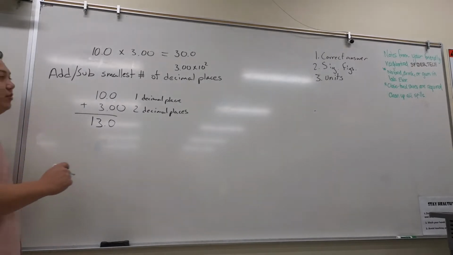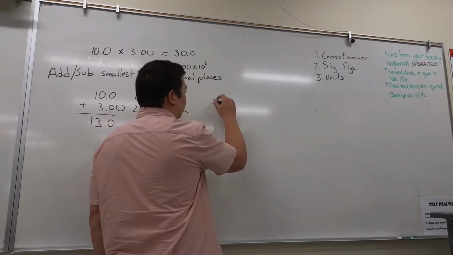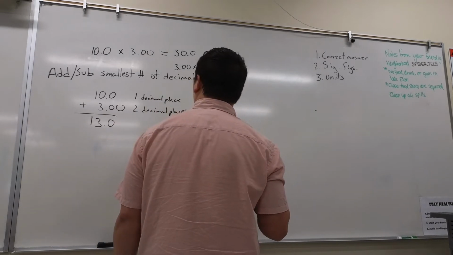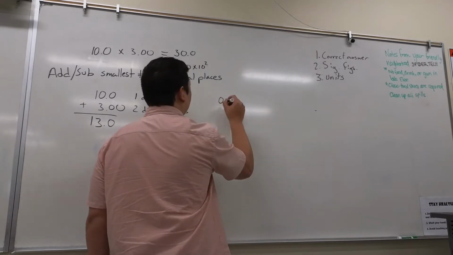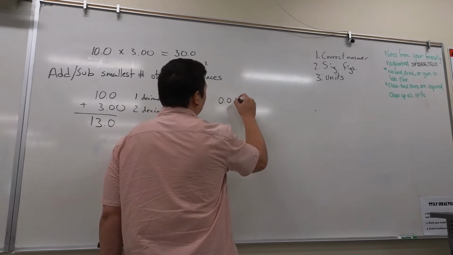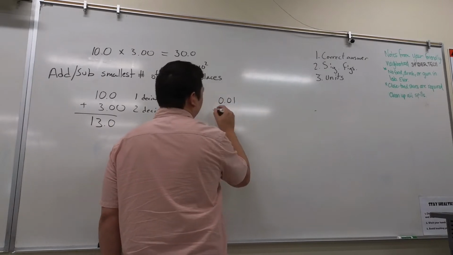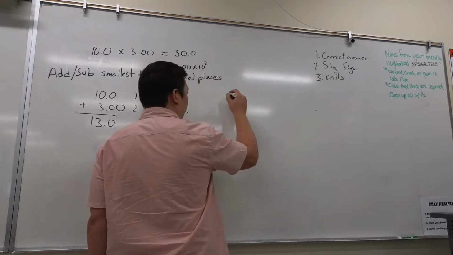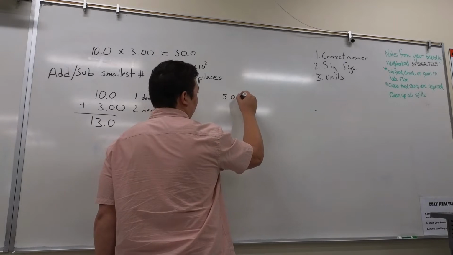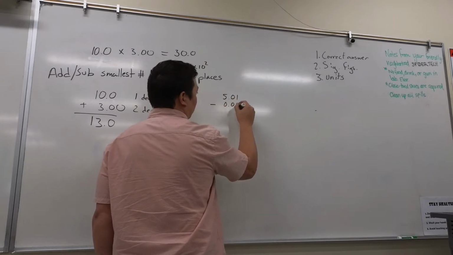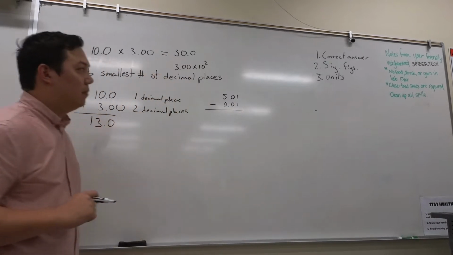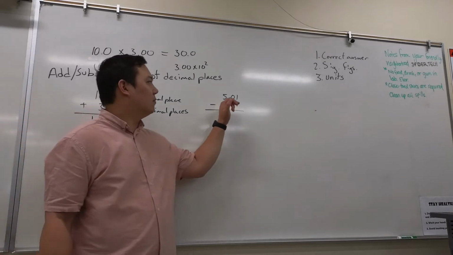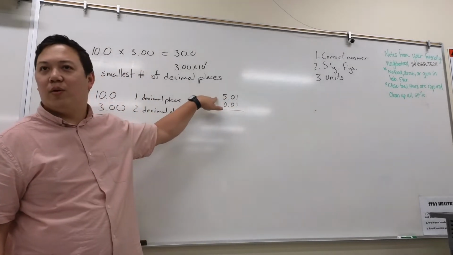So same thing if I was to subtract. Let's just do this. Subtracting these numbers, how many decimal places does 5.01 have? 2.